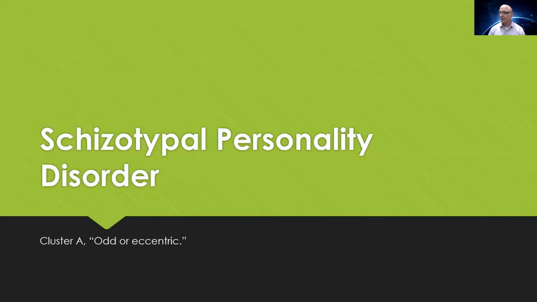So schizotypal personality disorder is a Cluster A, the odd or eccentric category. I don't know about those clusters; they're kind of pointless.